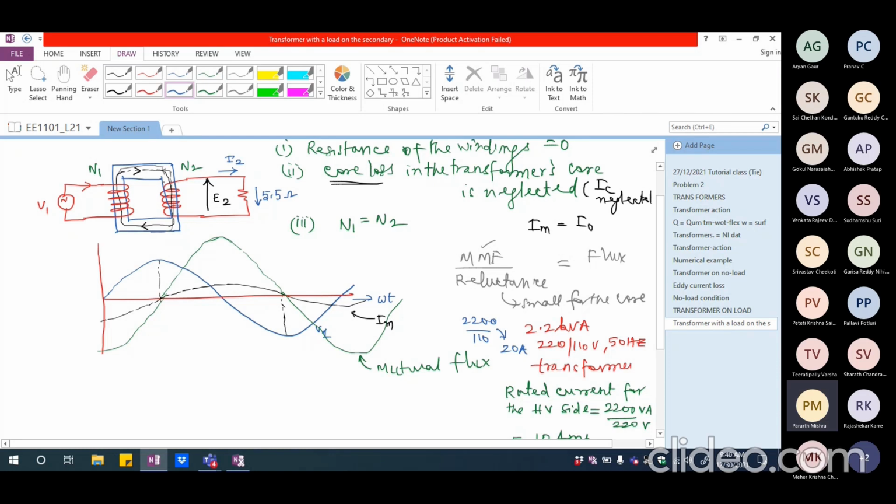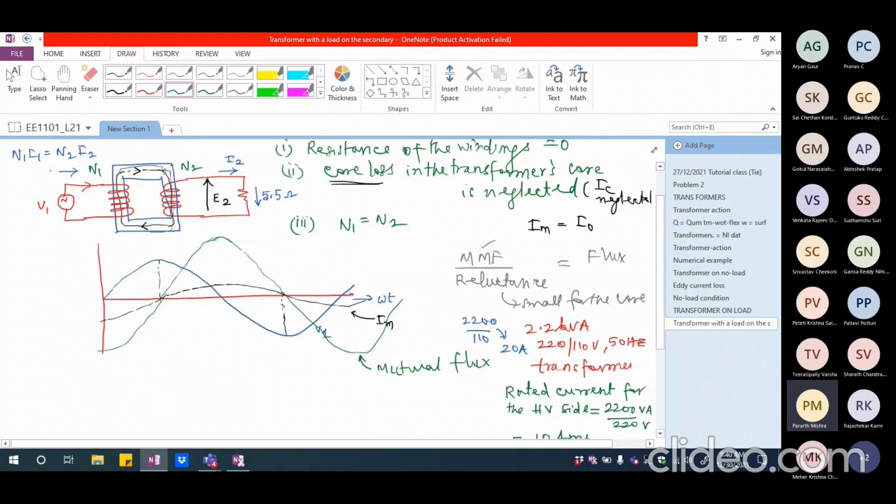And when I am looking at the secondary winding drawing so much current, obviously the primary is going to make sure that it takes sufficient current to nullify the effect of the load current so that the original flux is not killed. So definitely this is going to draw a current in such a way that N1 I1 equals N2 I2. So if I assume N1 equals N2, I'm going to have I1 equal to I2.